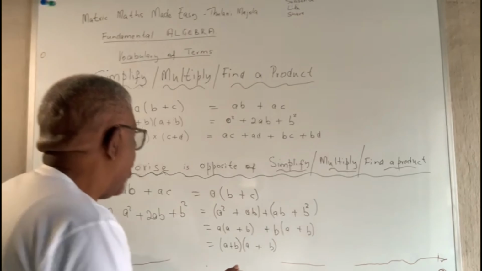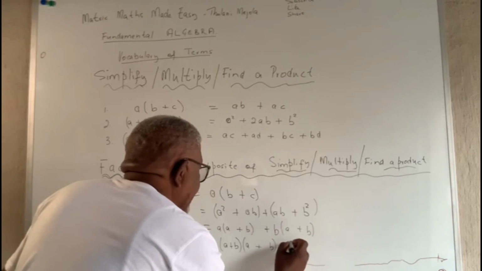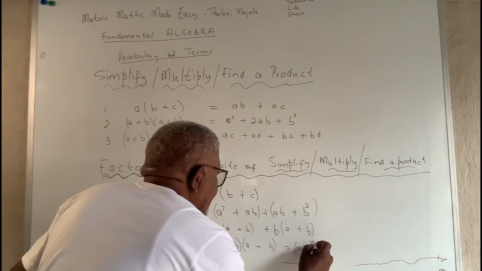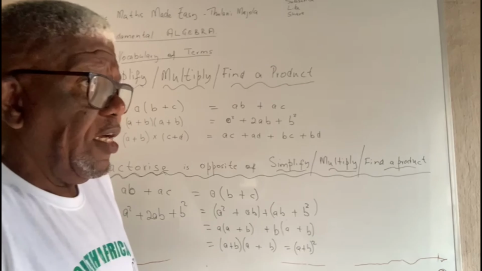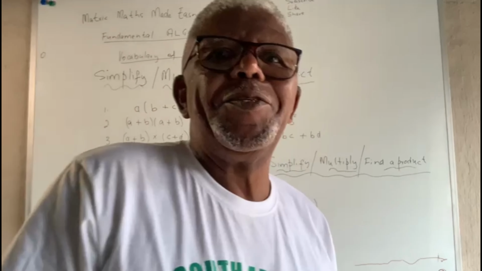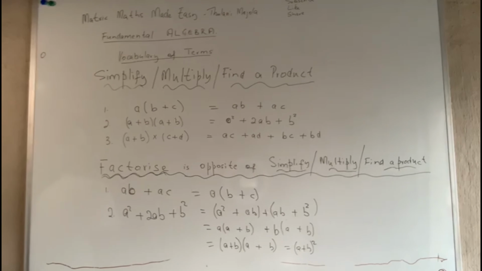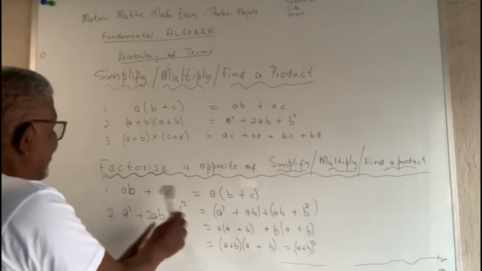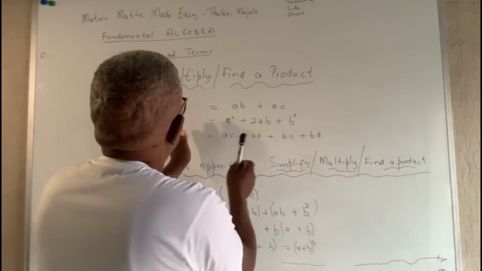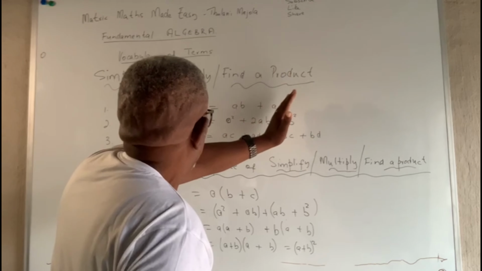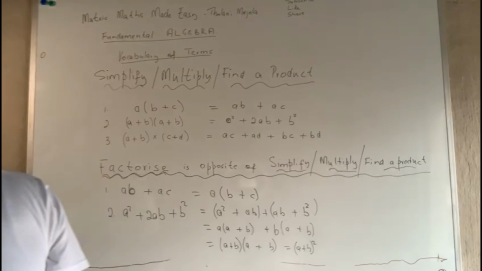We can also write this as (A plus B) squared, so exponents and everything like that. That is mathematics for you. So please know how to differentiate between simplifying, finding a product, and multiplying versus factorizing.